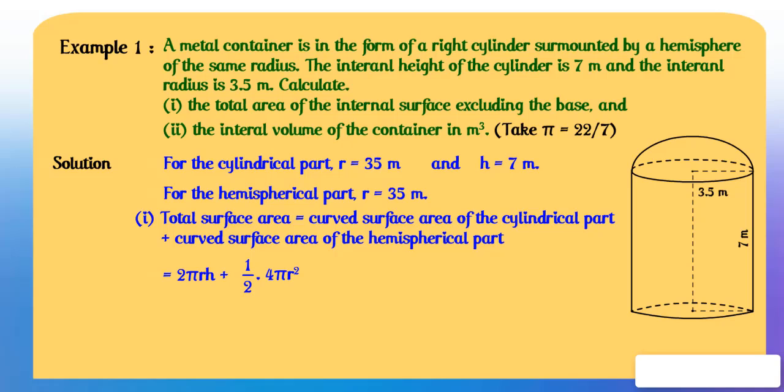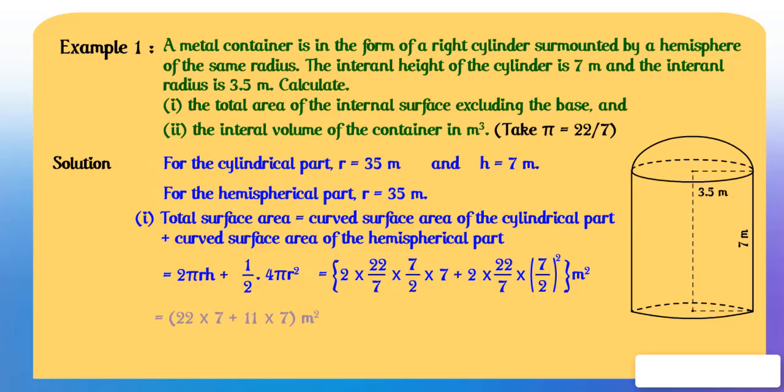This is equal to 2 pi r h plus 1 by 2 into 4 pi r square is equal to, putting the values, 2 into 22 by 7 into 7 by 2 into 7 plus 2 into 22 by 7 into 7 by 2 whole square meter square. This is equal to 22 into 7 plus 11 into 7 meter square is equal to 231 meter square.